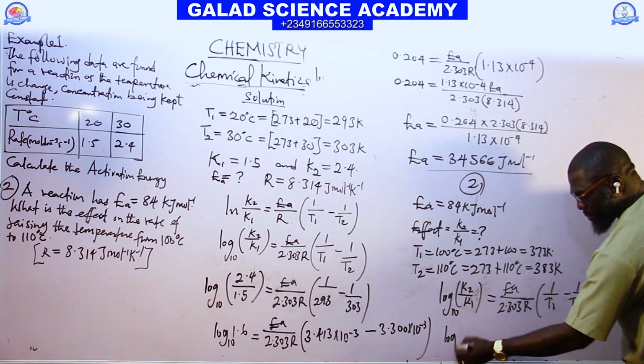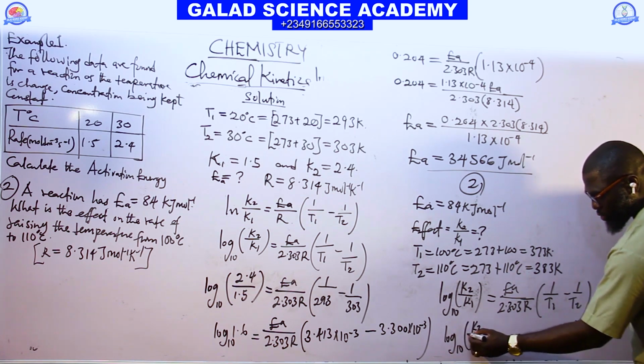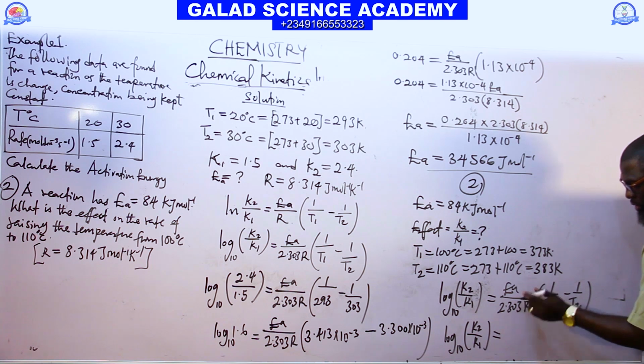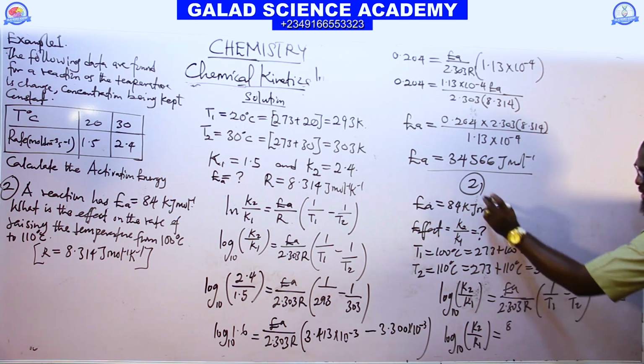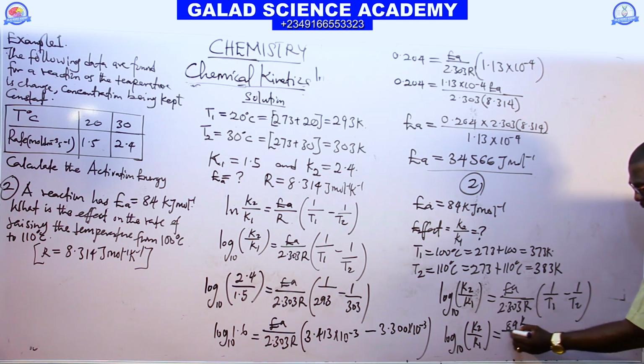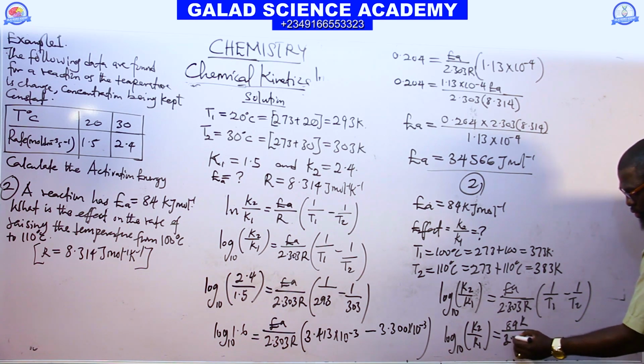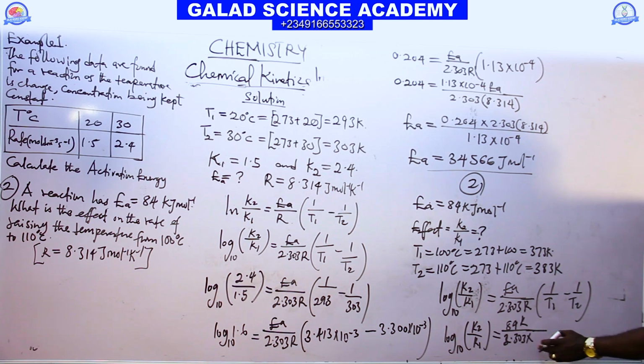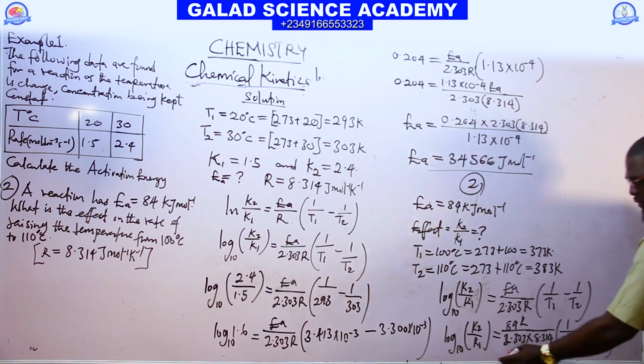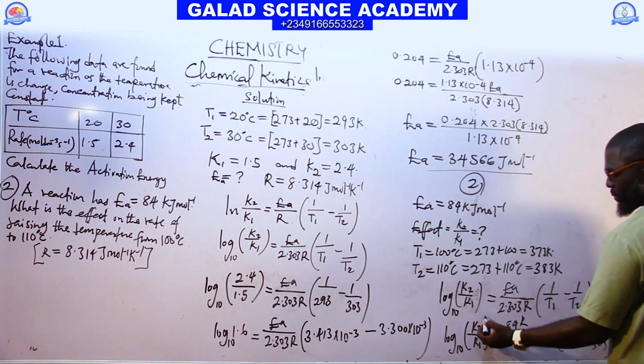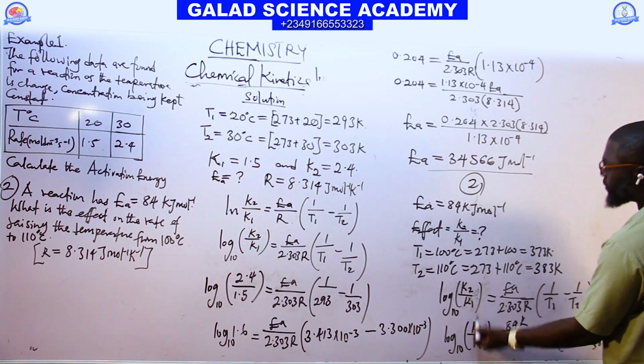We have activation energy 84 kJ, and 2.303 multiplied by R, which is 8.314, then 1 over T1, which is 373, minus 1 over 383. Substitute for each value. The final answer you get here will be the ratio, the effect on the rate.